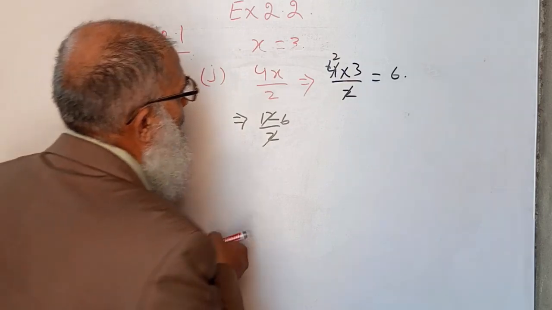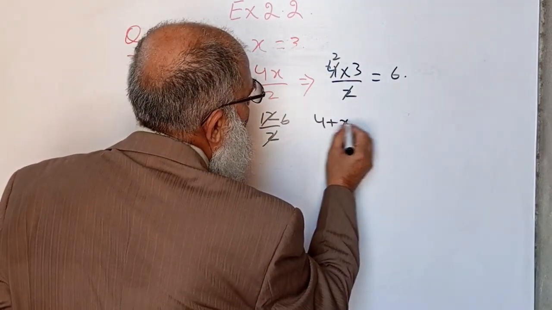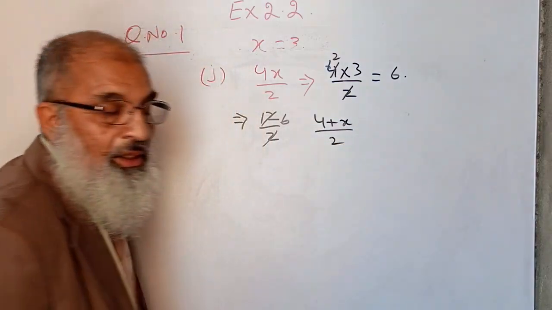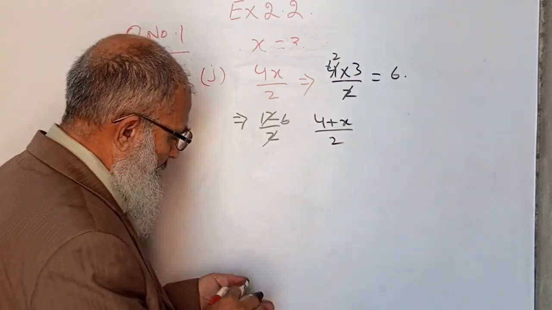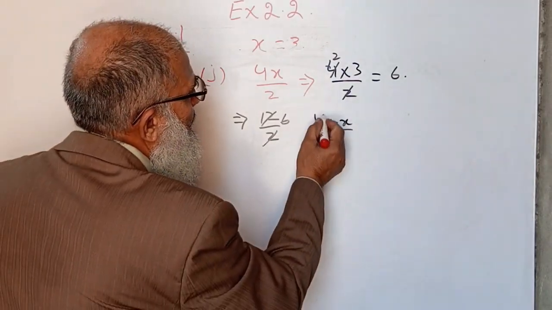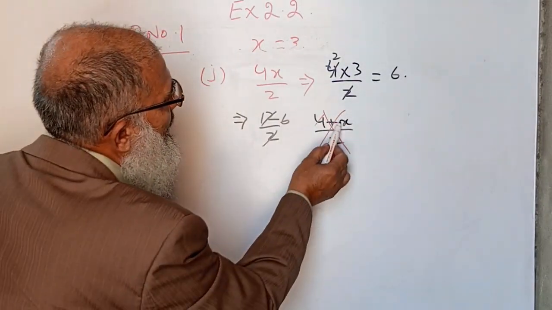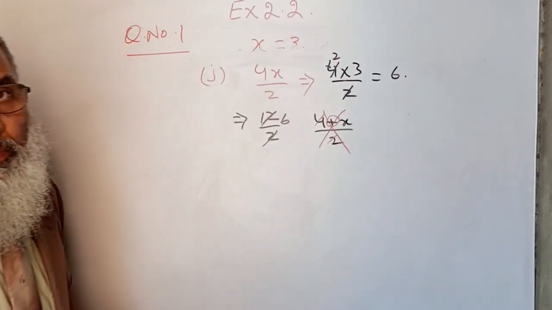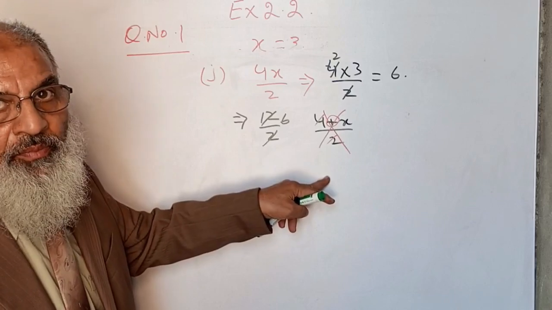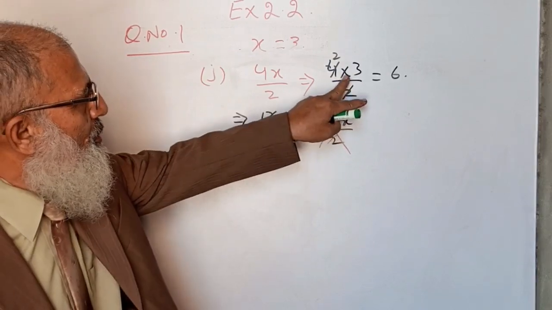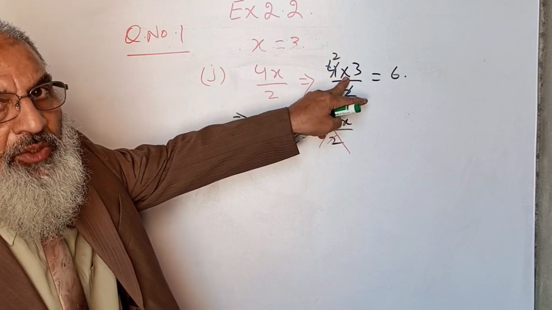Suppose it was written like this, 4 plus x divided by 2, then you cannot do it like this. This will be wrong, because here there is an addition sign, and with the addition sign you cannot do this step. You can use this step only when a multiplication sign is over there.